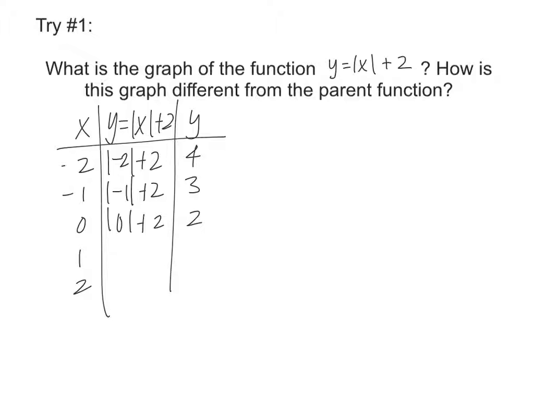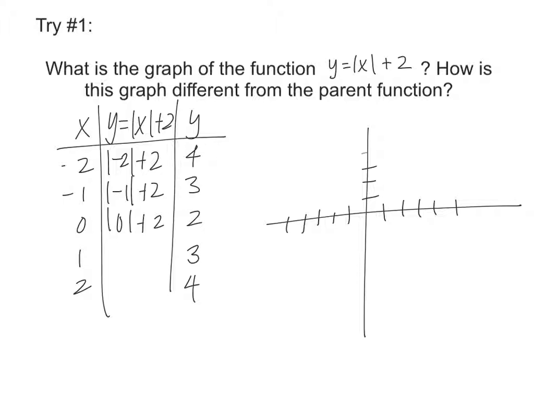And again, it should reflect about it, so I'm just going to skip past that part because it is going to be 3 and 4. You can double check me if you like. Then we're just going to go ahead and create our graph. So we have -2, 4, then -1, 3, then 0, 2, then 1, 3, and then 2, 4.